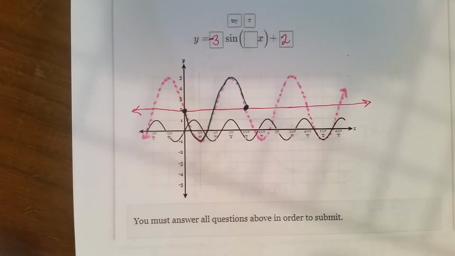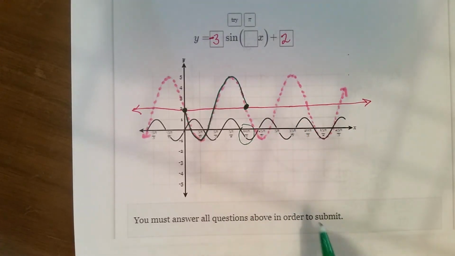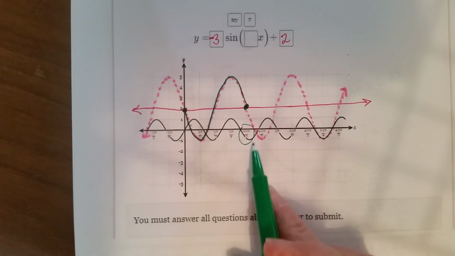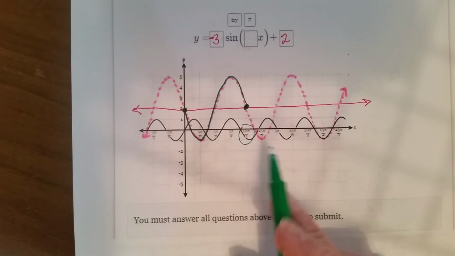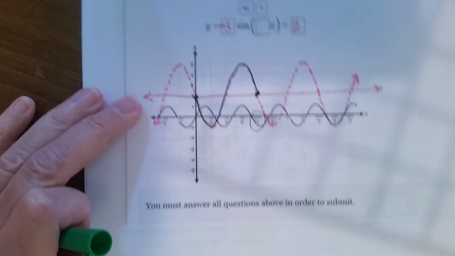Okay, now let's find the period of this thing. The period ends right here at, let's see, 10 pi over, hang on just a minute, gosh, it's hard to read. Oh, okay.